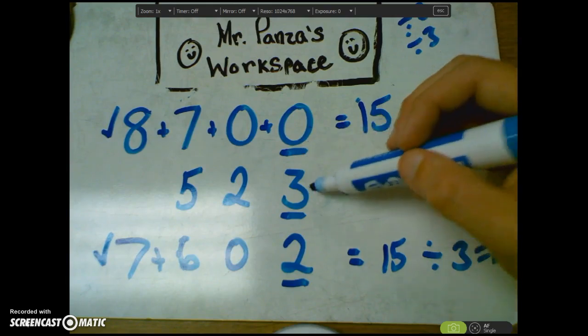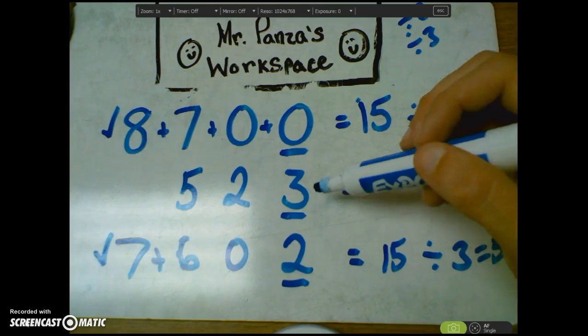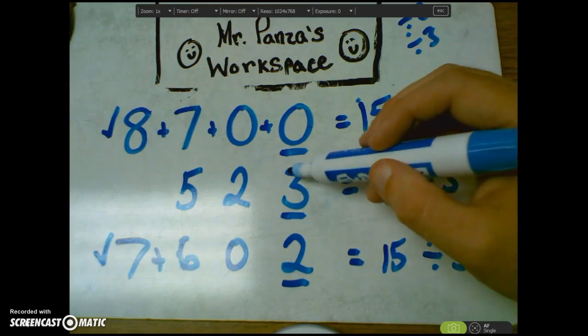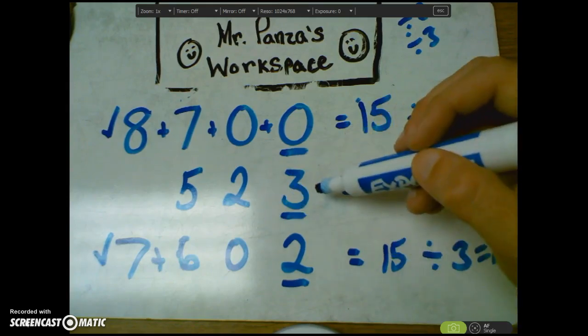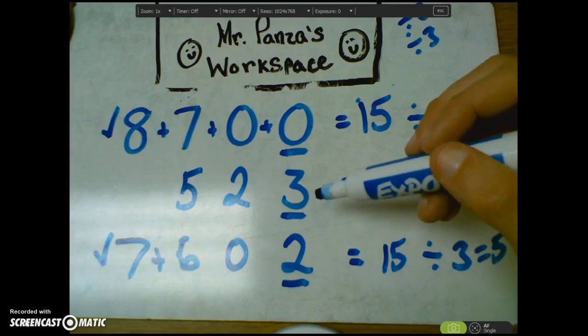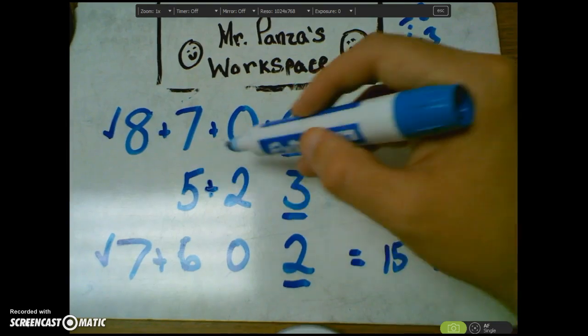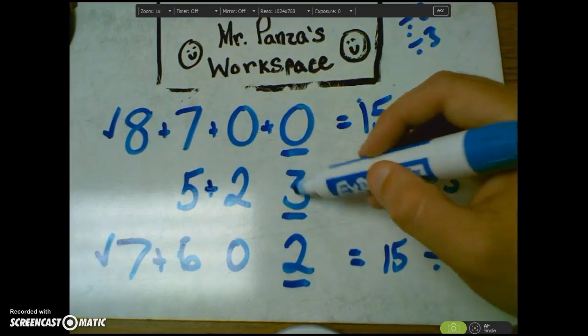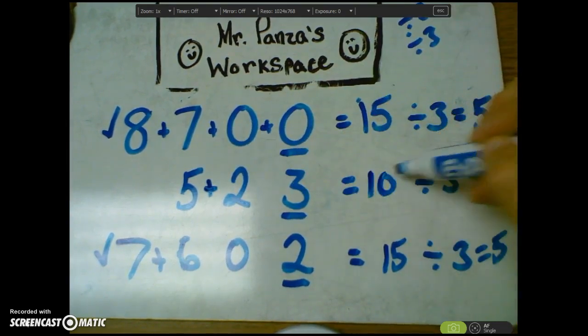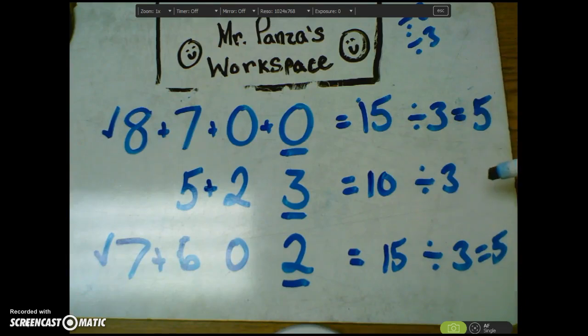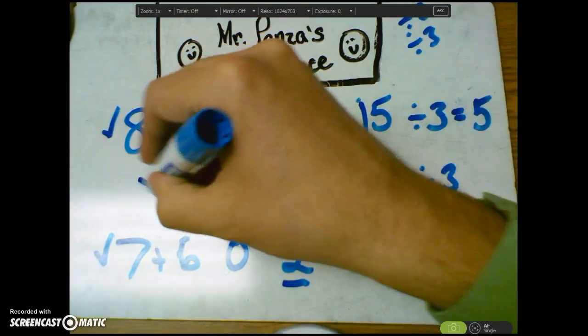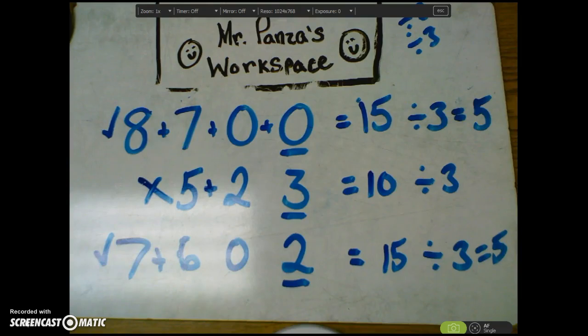Finally, I know that 523 is not divisible by 2 because 3 is not an even number, so it cannot be divisible by 6. But just for the sake of this example, if we added 5 plus 2, which is 7, plus 3 more is 10, that would not divide evenly by 3. So that means 523 is the answer we were looking for.